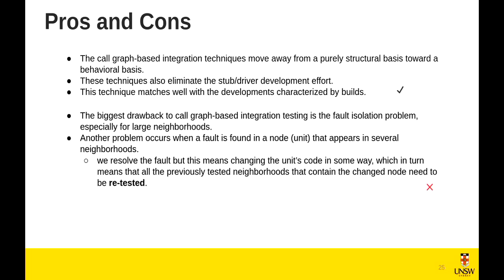Then we need to test all the related neighborhoods, all the related pairs again. So this will require a lot of retesting effort if we find faults in those kinds of nodes. So this is another drawback.